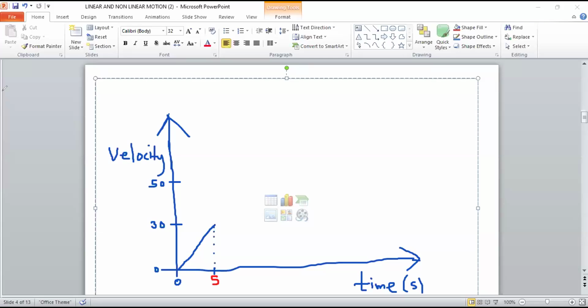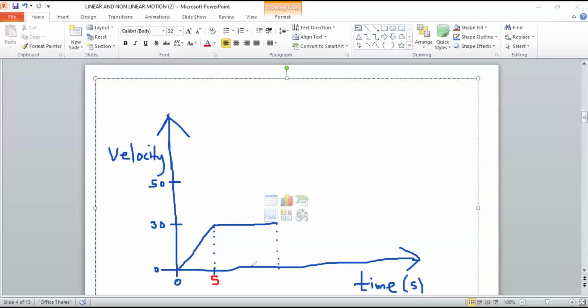Then they told us that it's going to maintain that velocity of 30 meters per second for, they told us 10 seconds. So if it's going to keep that velocity for 10 seconds, so that means from 5 to where that motion ends, there will be 10 seconds.